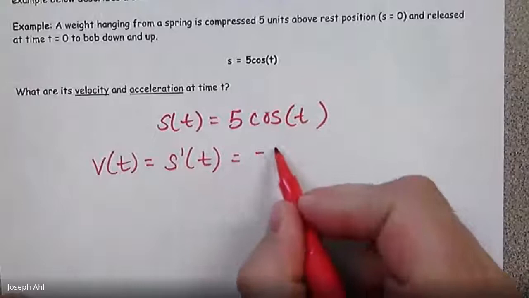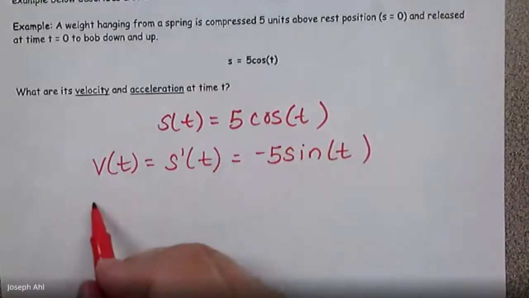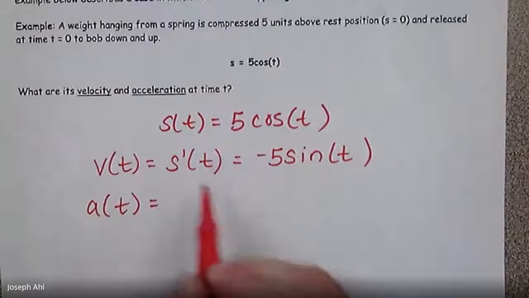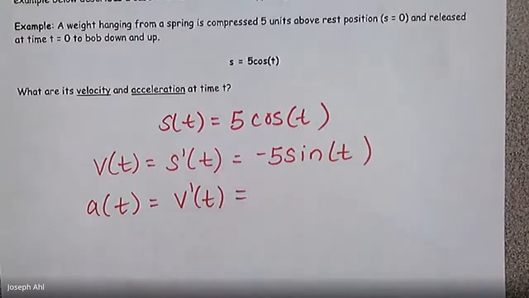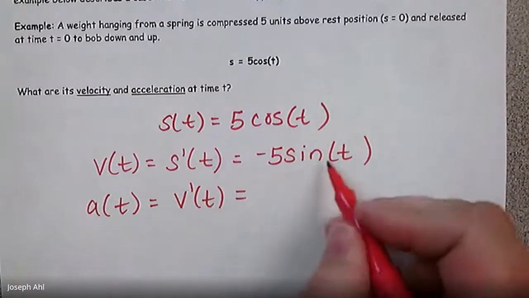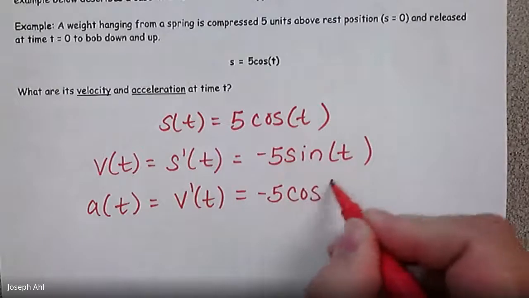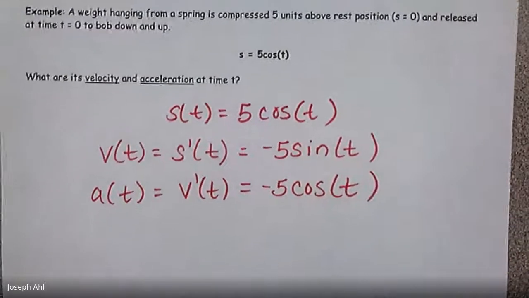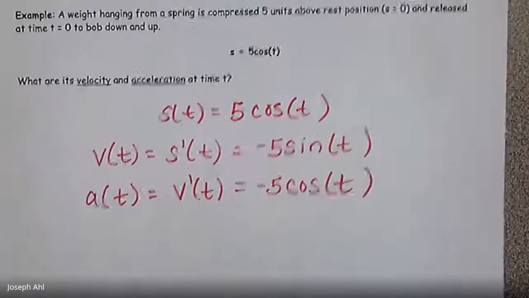So the velocity would be negative 5 sine t. And then finally, the acceleration is the second derivative of position, or just the derivative of velocity, which in this case would be the derivative of sine, which is cos. Carry that coefficient out front, negative 5 cos t. All right, so actually a pretty quick and easy application once we have a good solid foundation with trig derivatives.